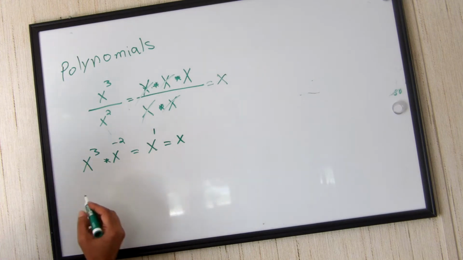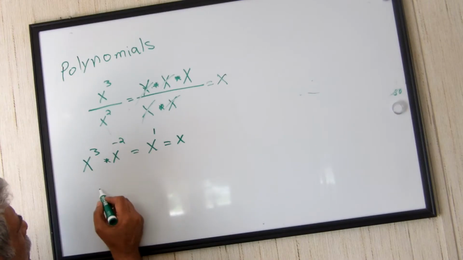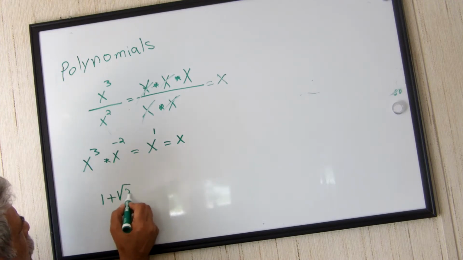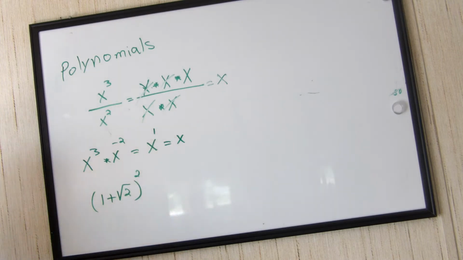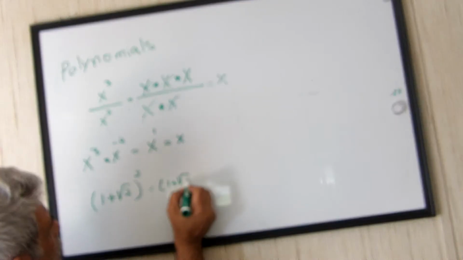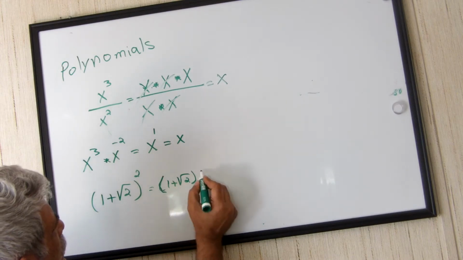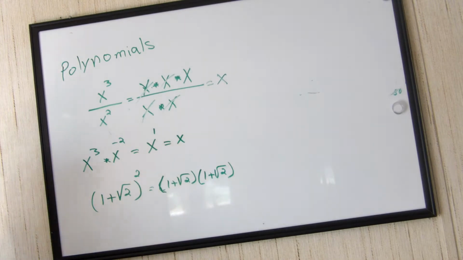Always, for example, 1 plus the square root of 2 to the power of 2. It's obvious what it's going to be: this one is going to be multiplied by itself 2 times.